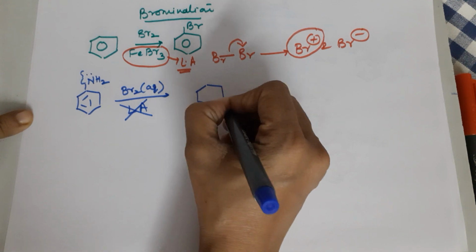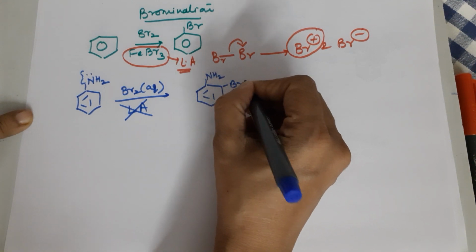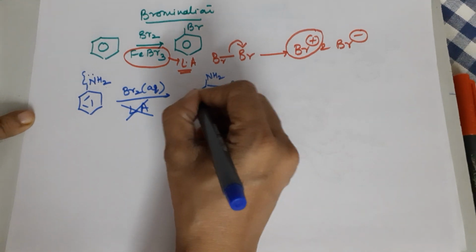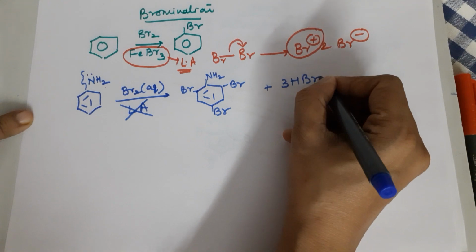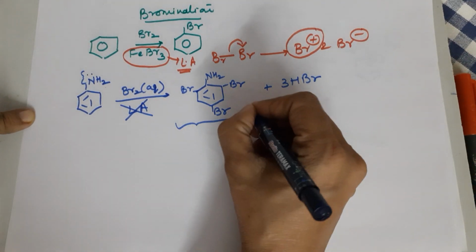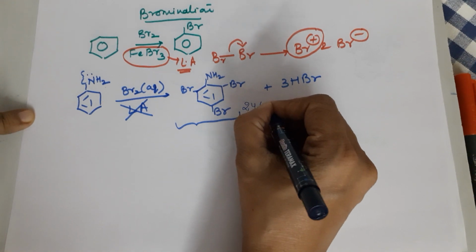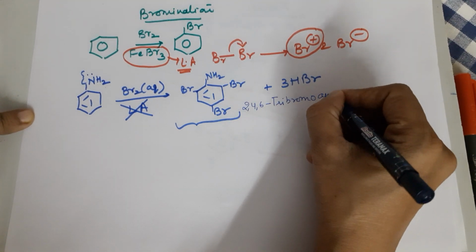and the product that you form is aniline with 3 bromos at 2, 4 and 6 position along with 3 HBr. This particular product is named as 2,4,6-tribromoaniline.